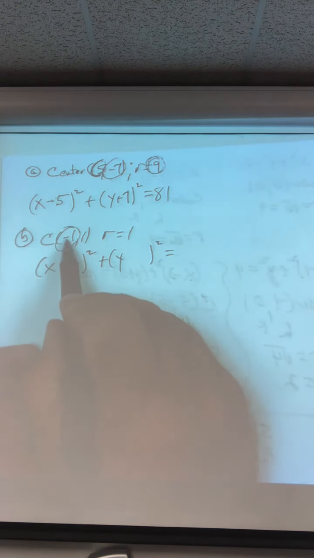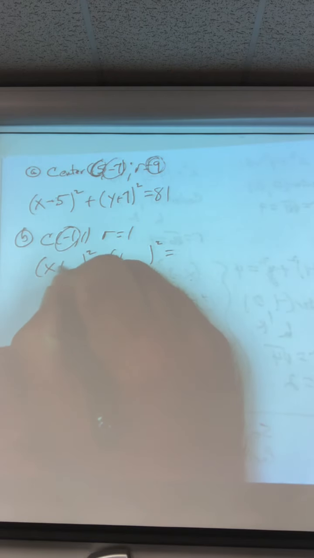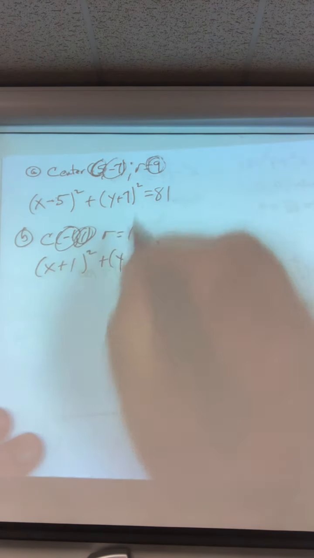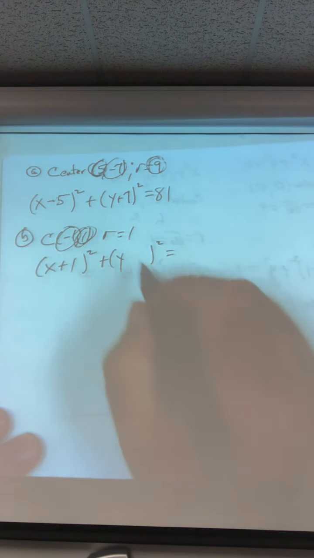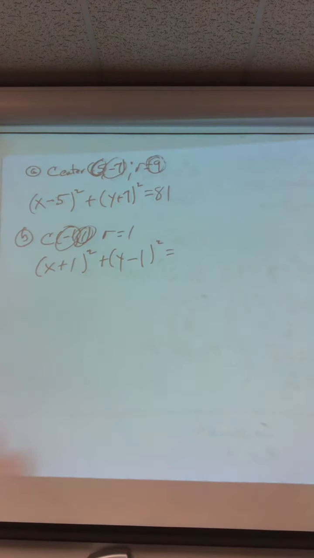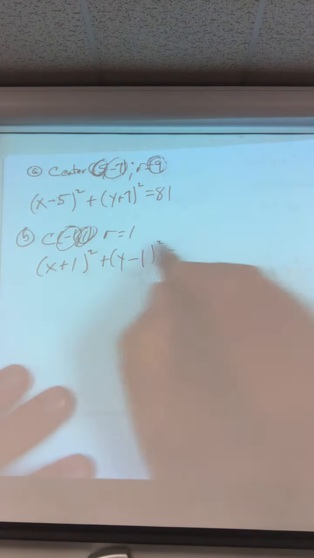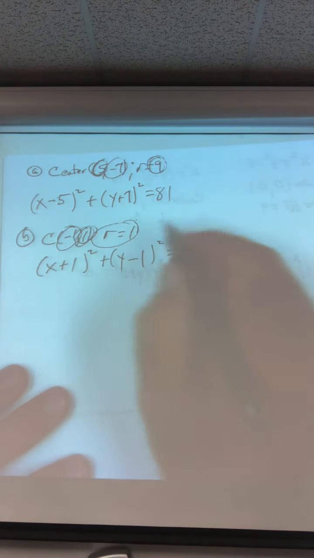All right, here's your h. But remember, you swap the sign. That's a -1, so when we put it back in behind that x, that's x plus 1. And then this is 1. You swap the sign, so when you put it back, you swap it back. y minus 1 squared equals, and you're squaring r. So 1 squared is 1.